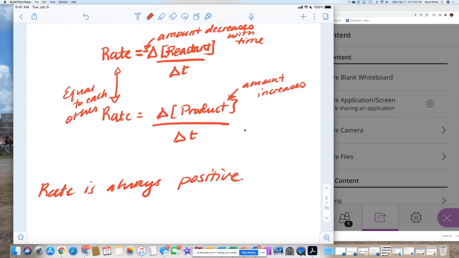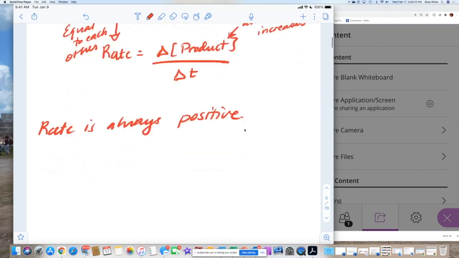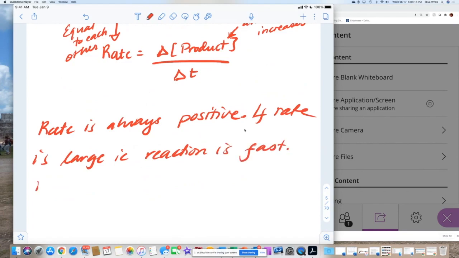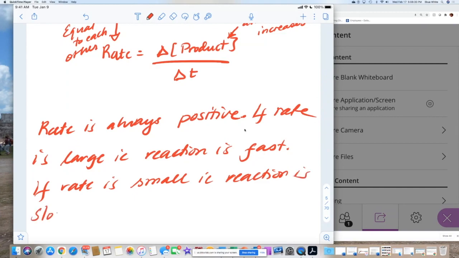So the rate can be big to mean that the reaction is going faster, or the rate can be small to mean the reaction is going slow. But the rate is never negative, okay? So I'm saying here rate is positive. If rate is large, i.e., reaction is fast. If rate is small, this means reaction is slow.